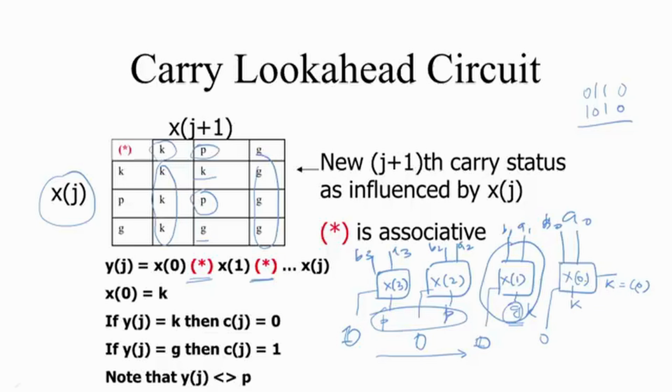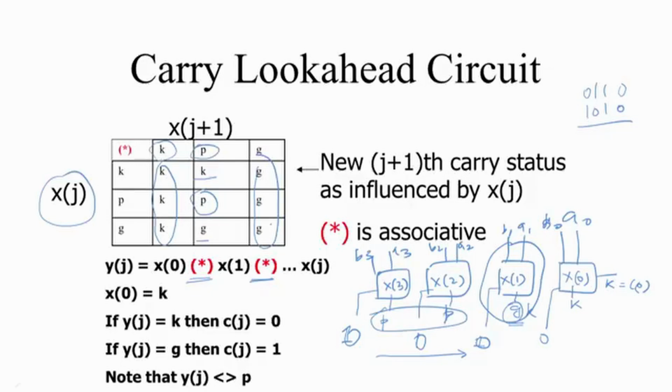So I will repeat this. If the status of my j plus 1th stage is kill, irrespective of what is going to be on my right hand side, I am going to just say it is going to be kill. So I am independent of this. If my current stage is generate, then I do not care about the right hand side, I am going to push generate.